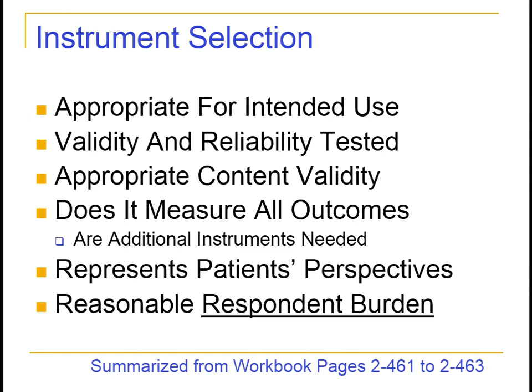Does it measure all of the outcomes, all of the domains, or do you need some additional instruments? It needs to represent the patient's perspectives and have a reasonable respondent burden. This is very important. This is the time and effort that the individuals put into completing the instrument.